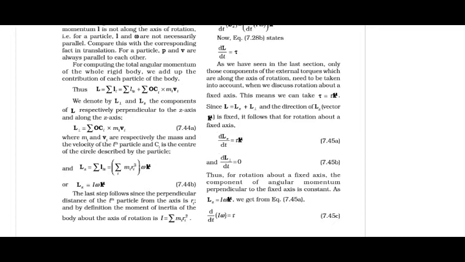Thus, for rotation about a fixed axis, the component of angular momentum perpendicular to the fixed axis is constant, as Lz is equal to I omega lambda. We get this from equation 7.45a. Differentiating this, we get the differentiation of I omega equal to tau, since lambda is a constant.